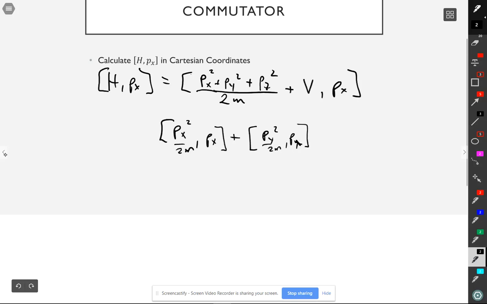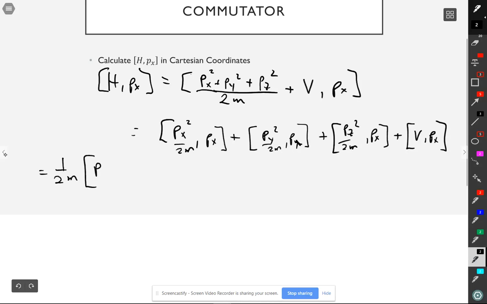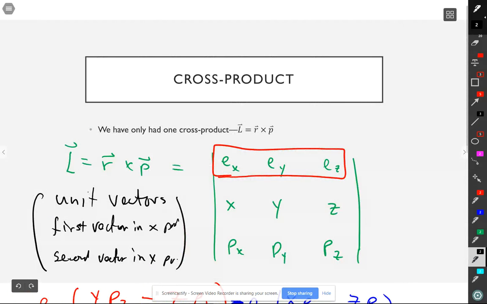Now the first one is the easiest one, so let's change it from a bracket to a parenthesis so it doesn't look like it's a commutator. That one's easy because that's just 0.